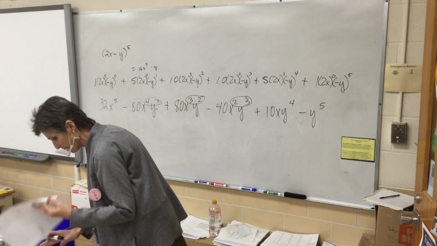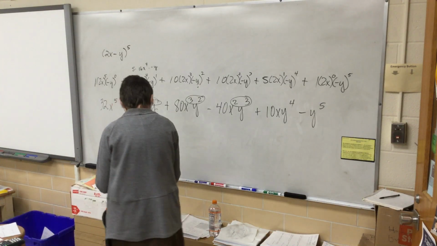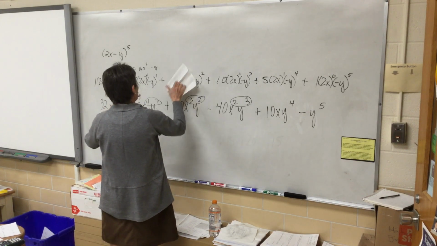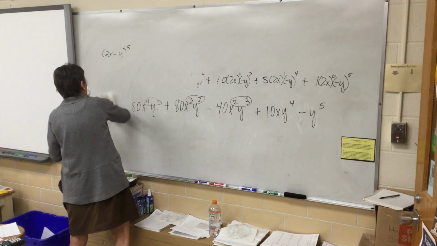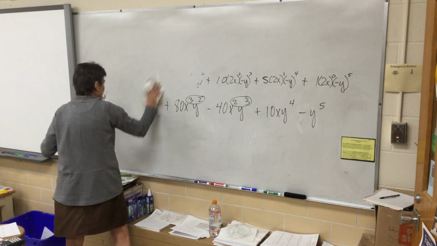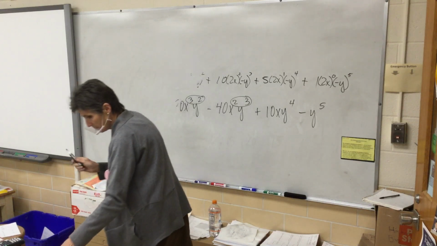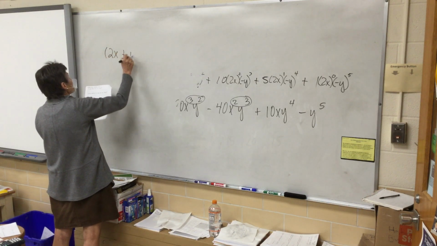Let's look at the next problem though, because it's sort of the same thing, but a little bit different. First of all, if you weren't already shivering because it's so cold in here, something in this problem should make you a little bit shivery. To the 11th.